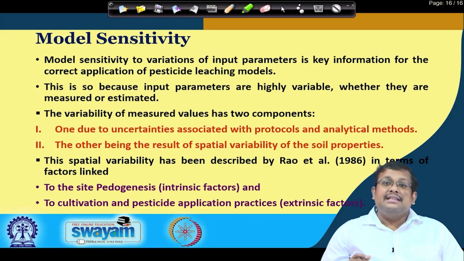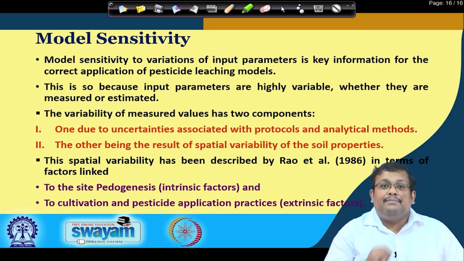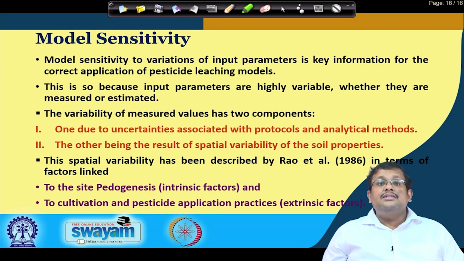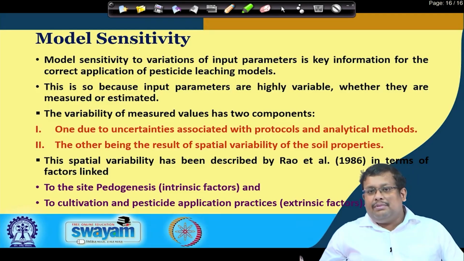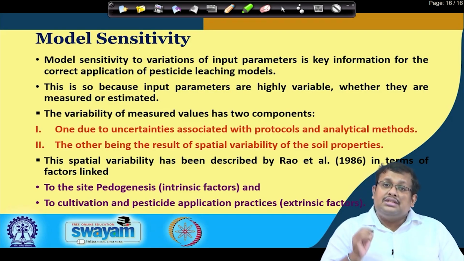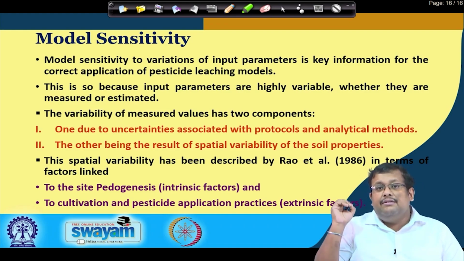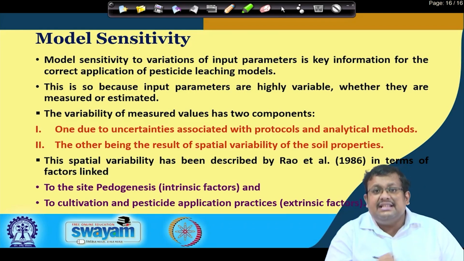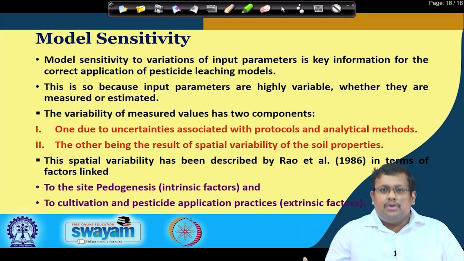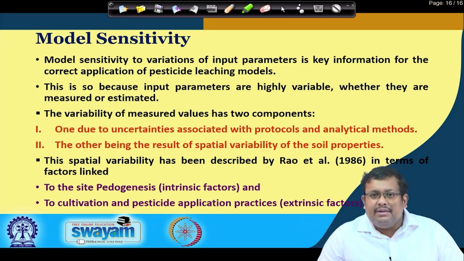Remember that model sensitivity to variation of input parameters is the key information for the correct application of the pesticide leaching model, because input parameters are highly variable whether they are measured or estimated. If we consider a pesticide leaching model for a particular type of soil, the soil characteristics are also widely variable, for example porosity and structure.